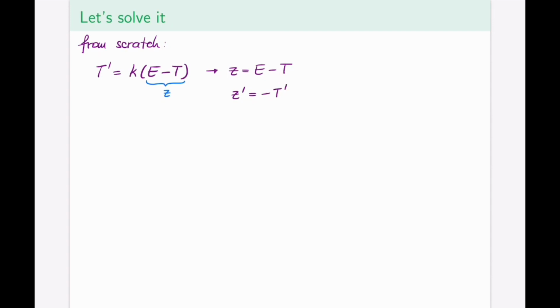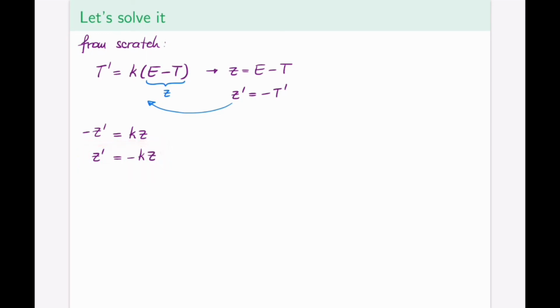I'm now going to plug all of this back into my equation, and what do I get? T prime is then negative Z prime equals, and on the right-hand side I have K times Z. I can multiply both sides by -1, and I end up with the equation that I definitely know the simple solution for.